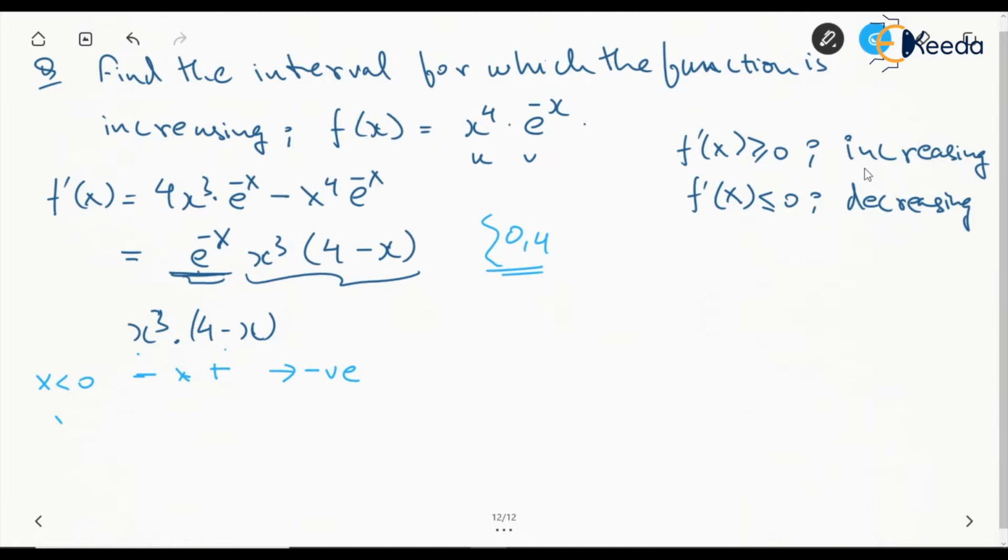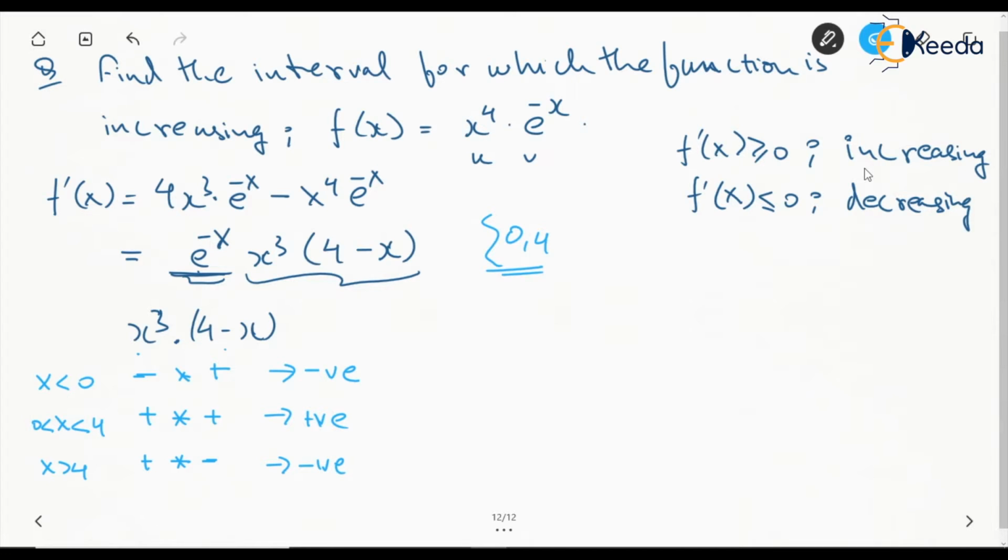For x in the interval of 0 and 4, x cube is going to be positive and multiplied with 4 minus x, which will also be positive. So overall the function value is going to be positive. And for x greater than 4, x cube will be positive, but 4 minus x will become negative. So this function will become negative.